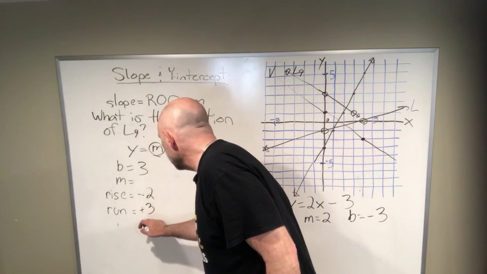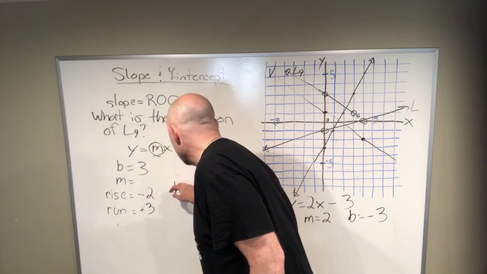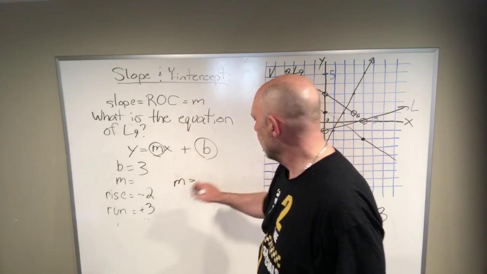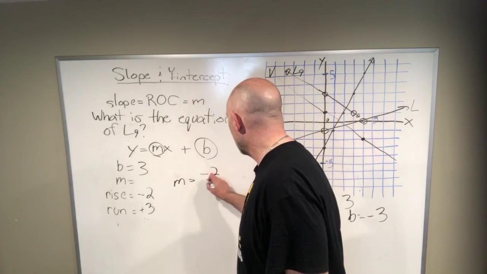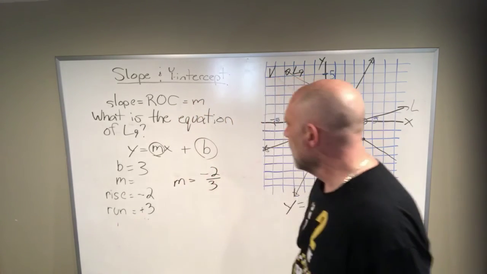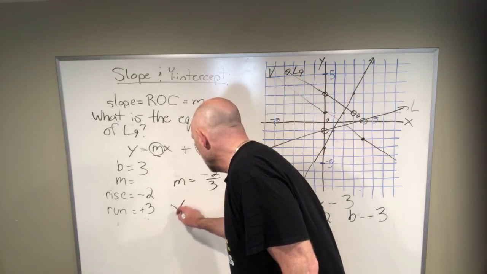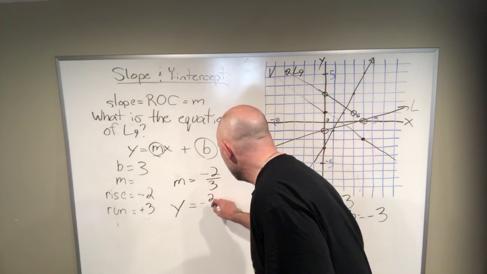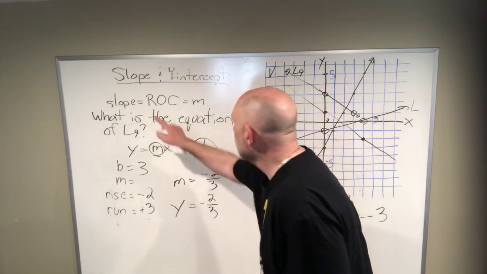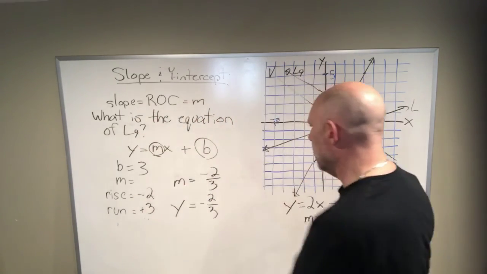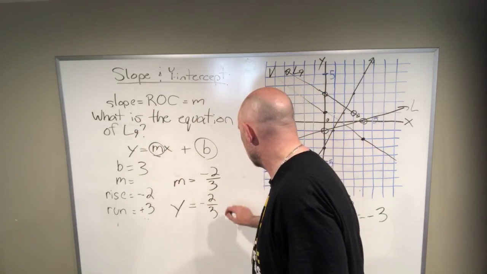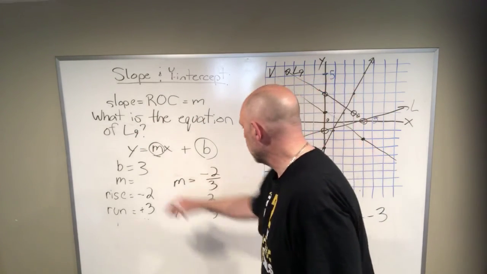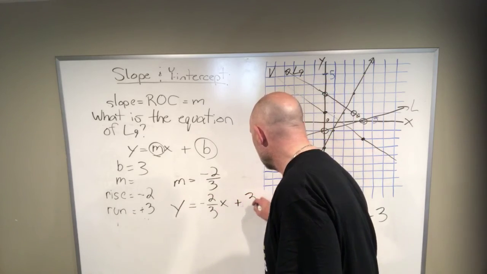So my slope, therefore, is m equals -2/3. Rise over the run. What is my equation? y equals -2/3 times x plus b. What's b? It's 3. That's it.